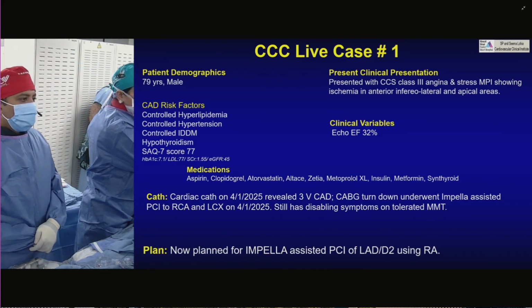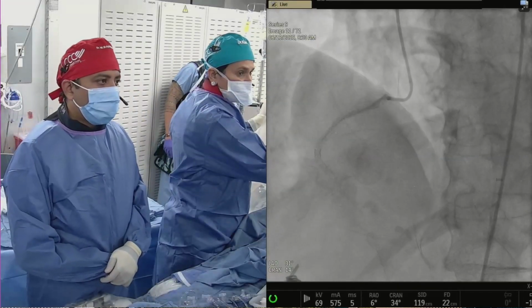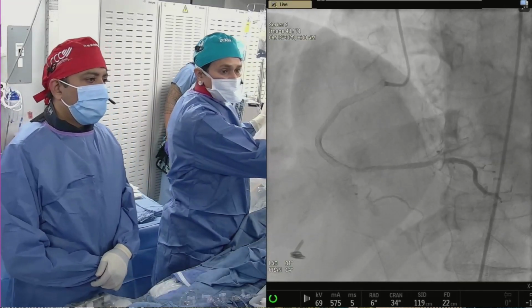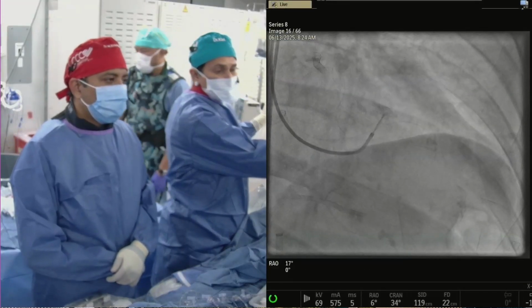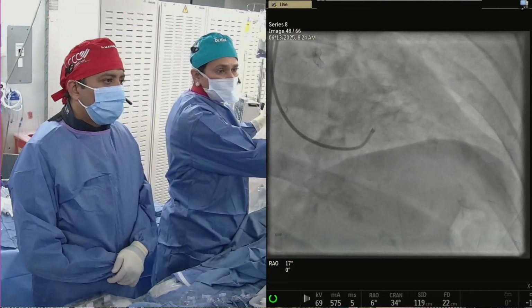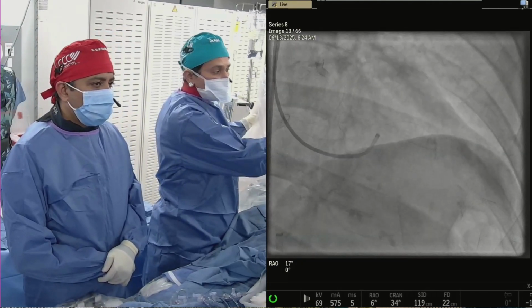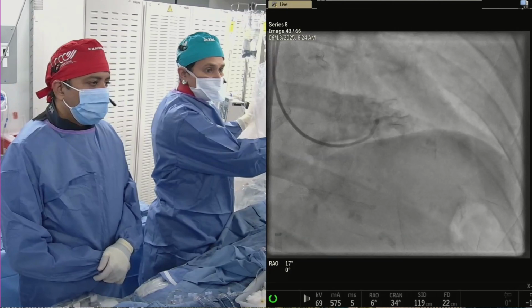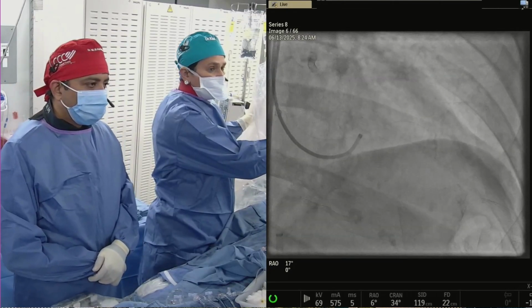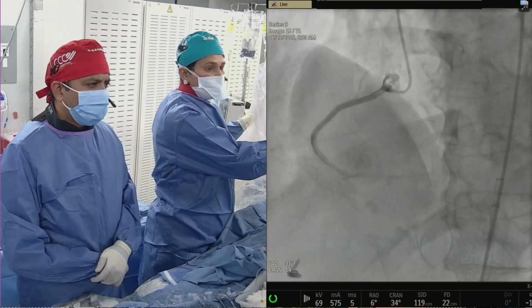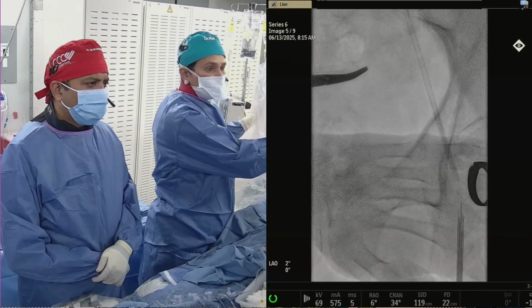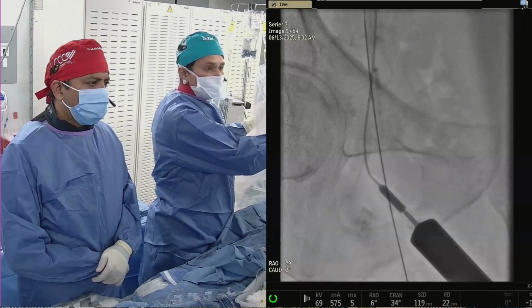So I'm just going to show you this is the right coronary artery. EDP was about 22 today. And this is where we are with his left system.